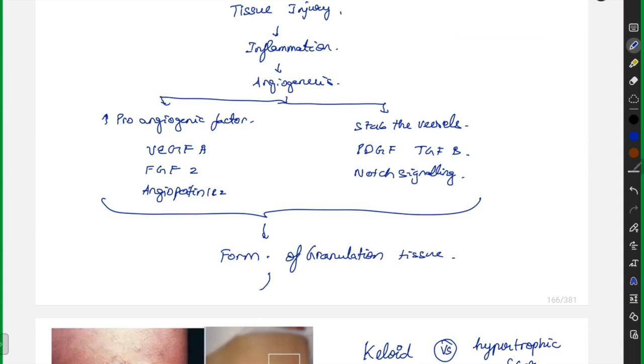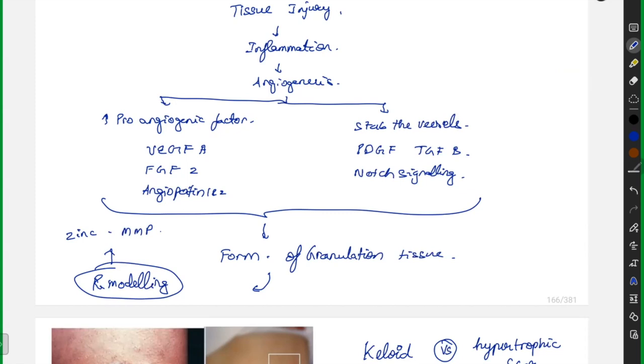How does that remodeling of connective tissue take place? Remodeling takes place by zinc-dependent matrix metalloproteinases. What are the matrix metalloproteinases? Do you remember I told you about gelatinase? This gelatinase degrades amorphous collagen and fibronectin.